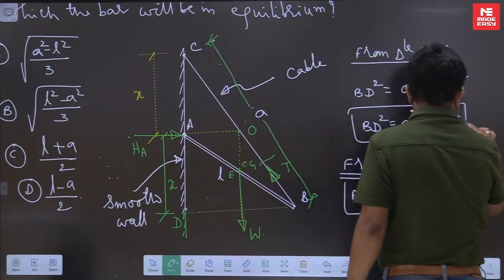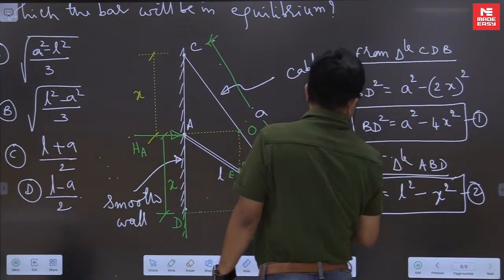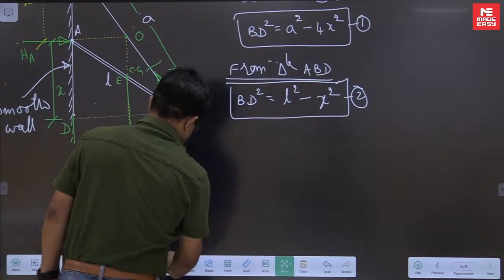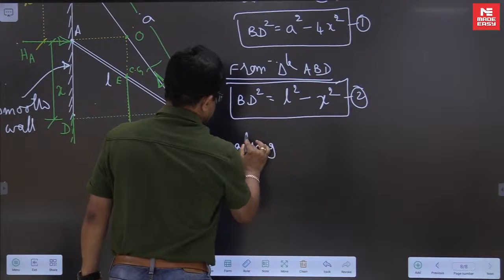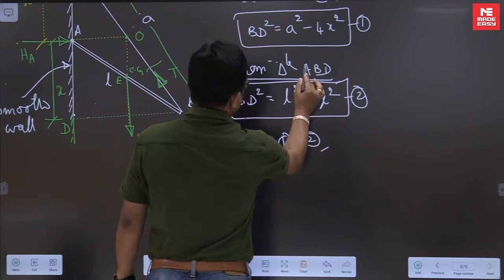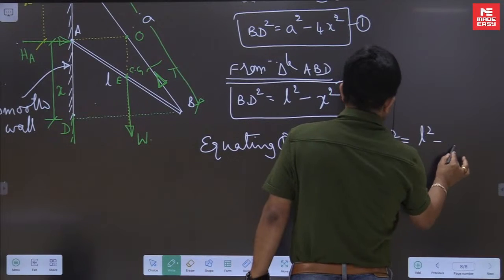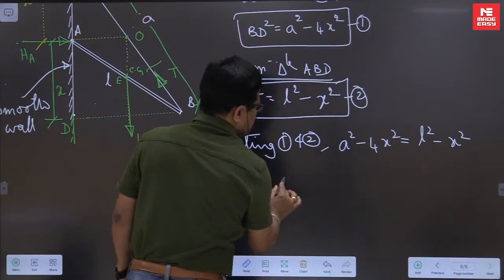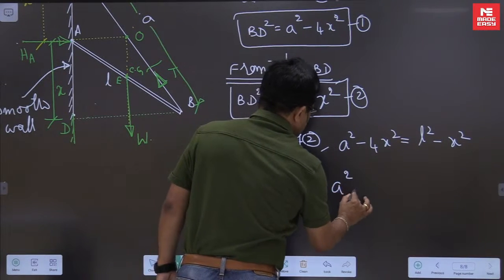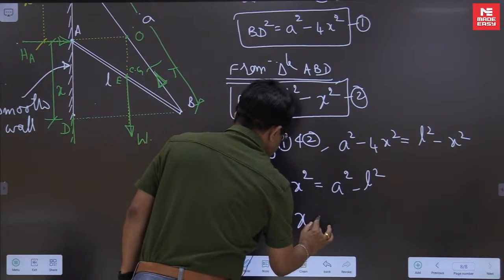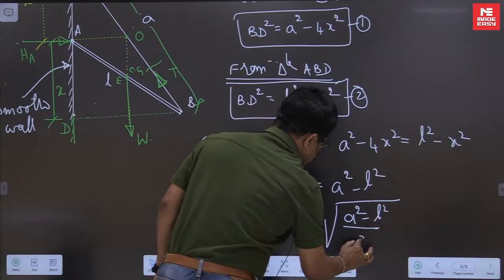So equate both. Equating 1 and 2. A square minus 4x square is equal to L square minus X square. Push it to the right side. So 3x square is equal to A square minus L square. So x is equal to square root of A square minus L square by 3.